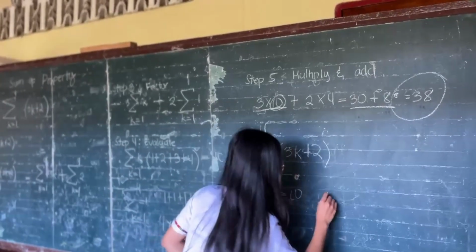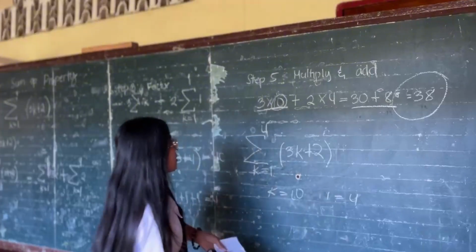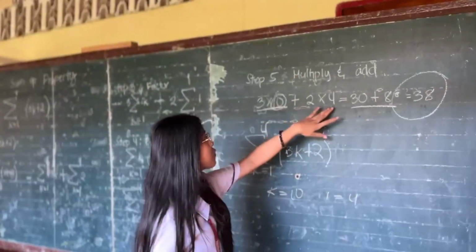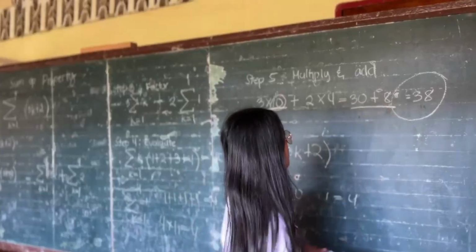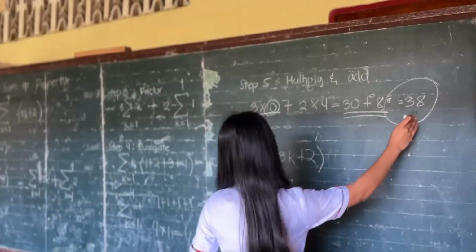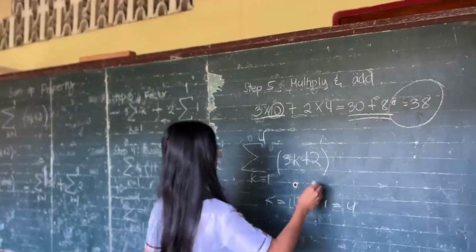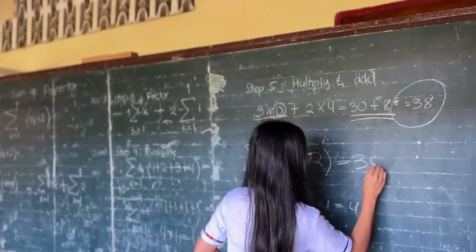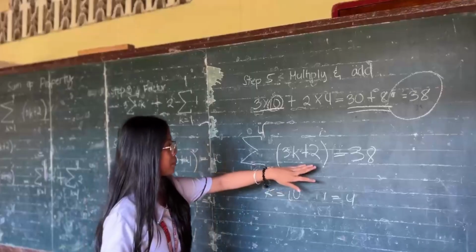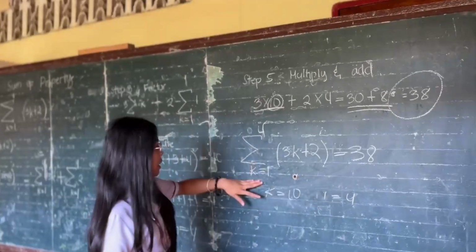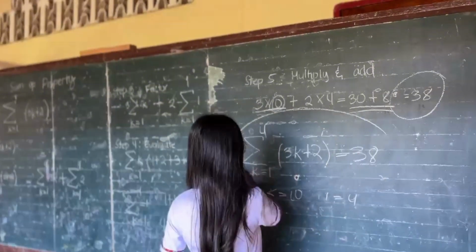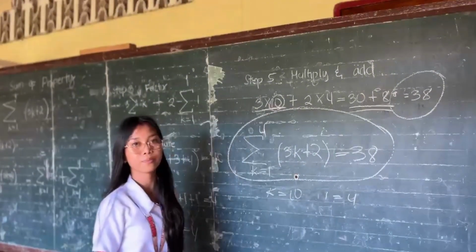Then, our sum of 1 is equal to 4. So, 3 times 10 is equal to 30. 2 times 4 is equal to 8. So, we add 30 plus 8, which is equal to 38. Then, our final answer is 38. So, the summation of the quantity 3k plus 2, where k equals 1 to 4, equals 38. So, this is our final answer.